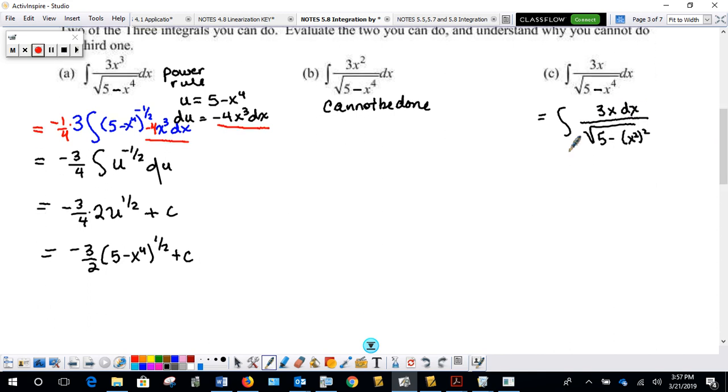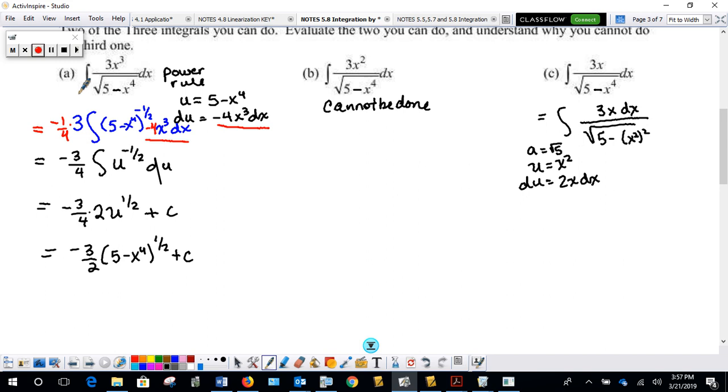What you notice in this one is that if I let u equal the x squared, I can let a equal the square root of 5. So I'm leaning toward an inverse trig rule on this one. And then when I do my du, the du is going to be 2x dx.